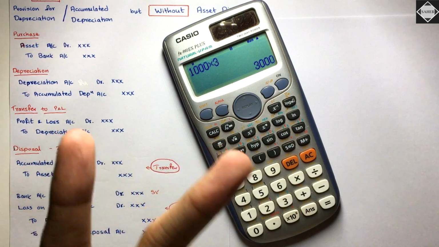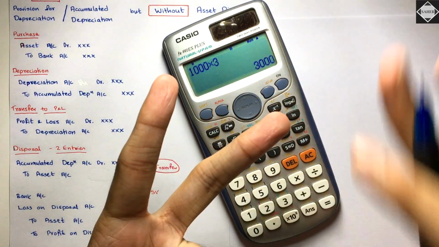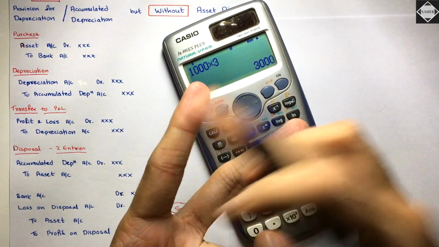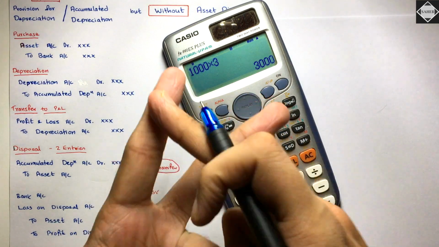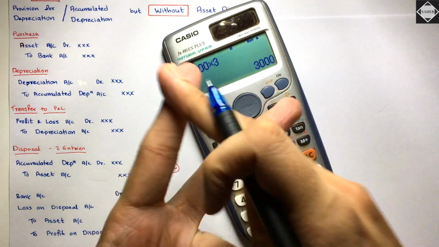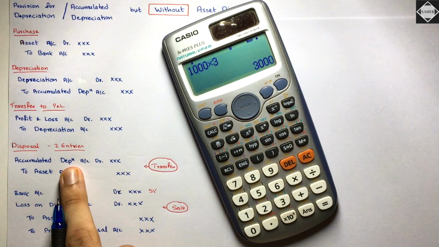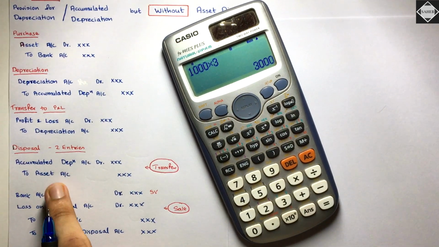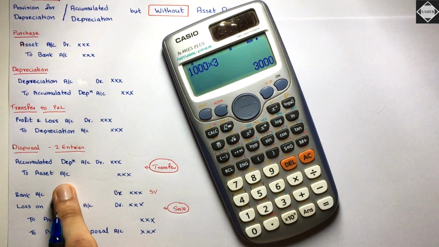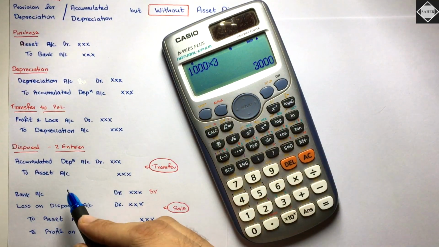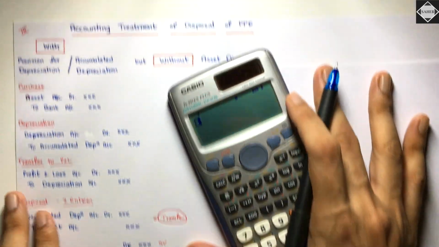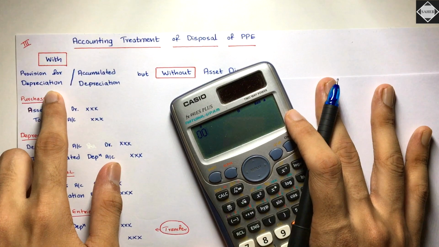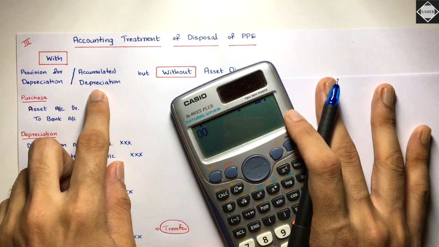Here you are eliminating both the things. You are eliminating accumulated depreciation by debiting it because it has credit balance. To eliminate it, you have to debit that accumulated depreciation. And then asset account has debit balance. To cancel that, you have to credit, because asset account always used to exist at original cost, because this is the provision for depreciation case. You are maintaining provision for depreciation or accumulated depreciation.